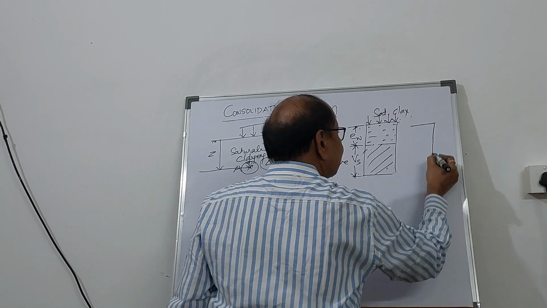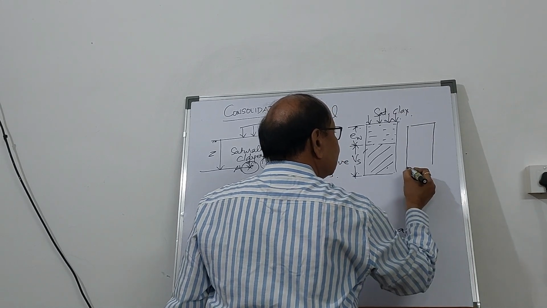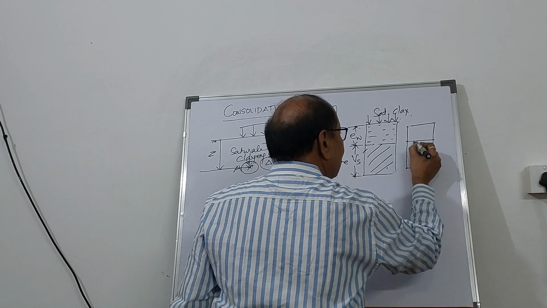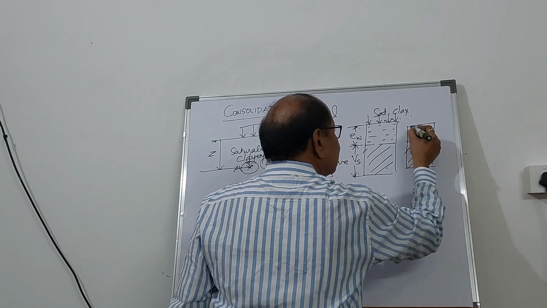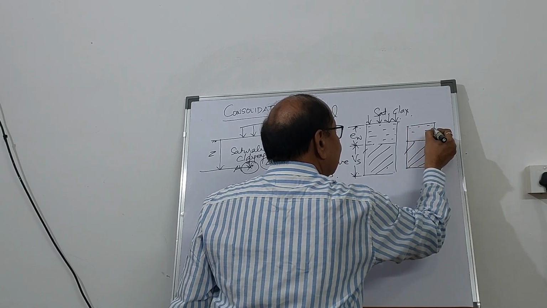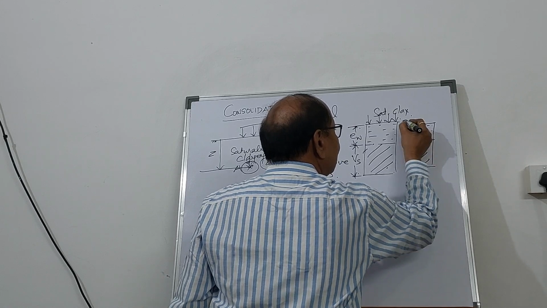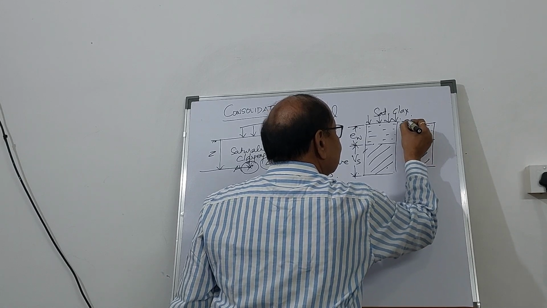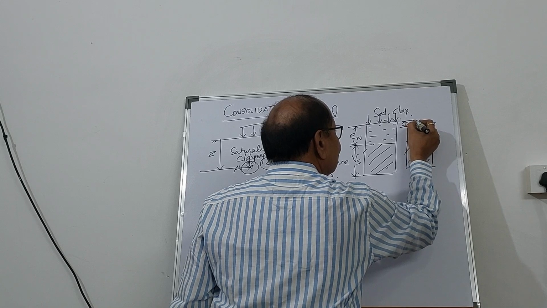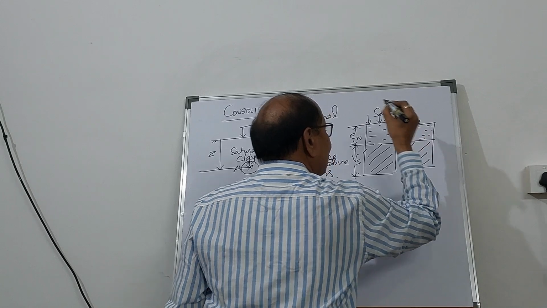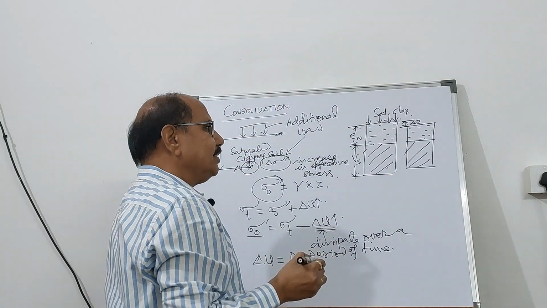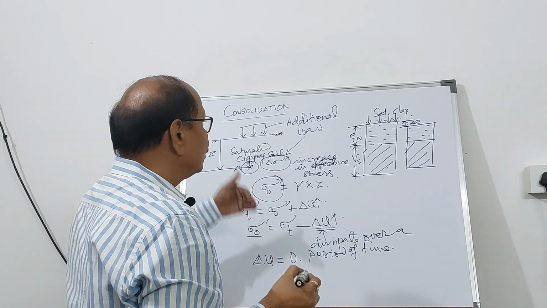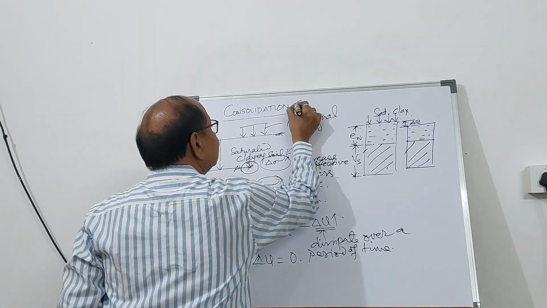The water will dissipate, the excess pore water pressure will dissipate, and therefore you find that there is going to be a reduction in the void by delta e, leading to consolidation settlement.